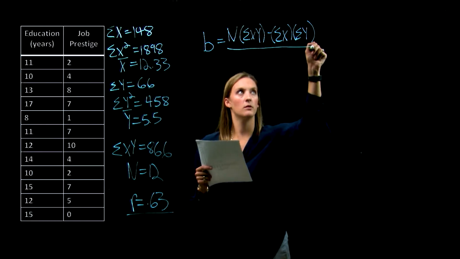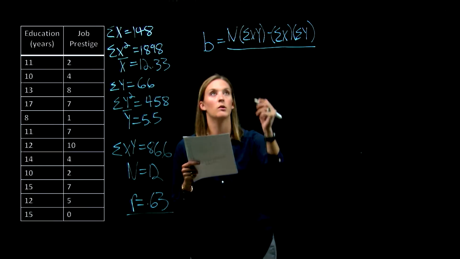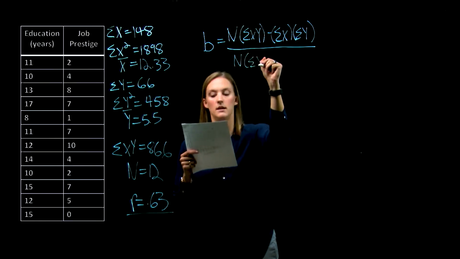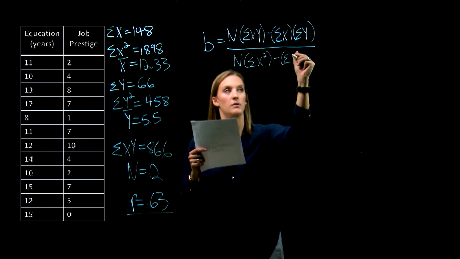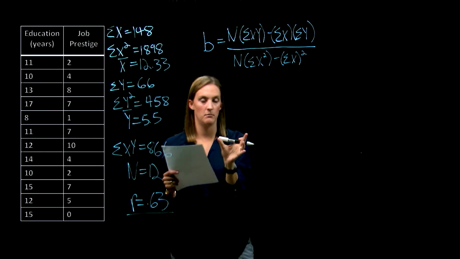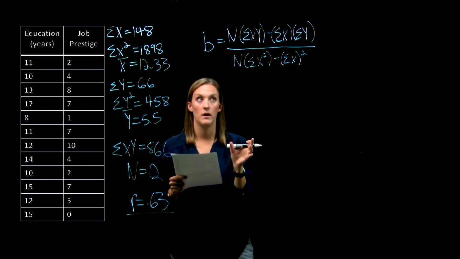The bottom of the slope equation also comes from how you calculated your correlation coefficient. That is going to be really just the first part of the formula on the bottom. So this is the first part that was in brackets underneath the radical in your correlation equation.